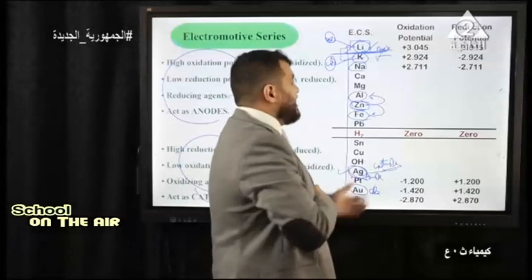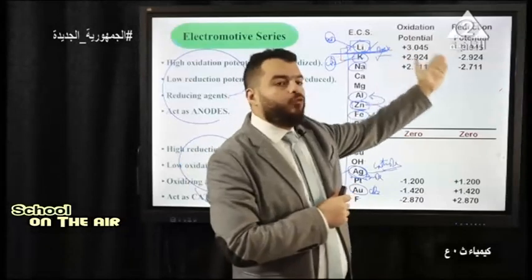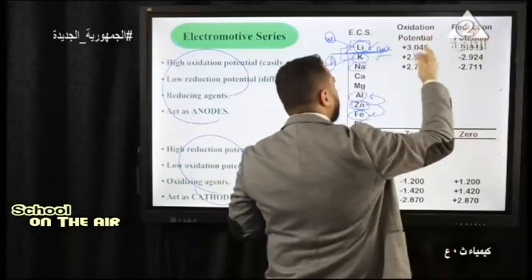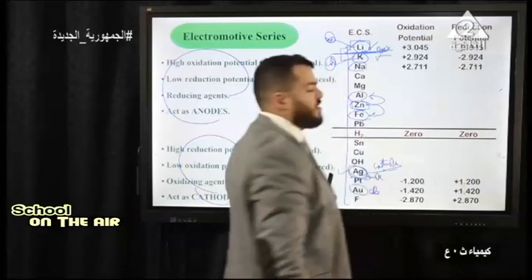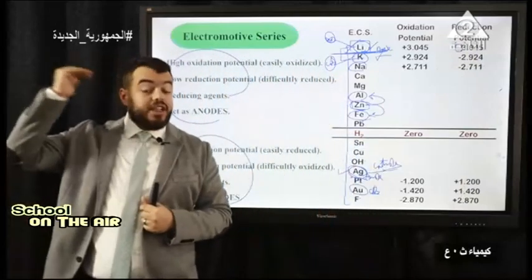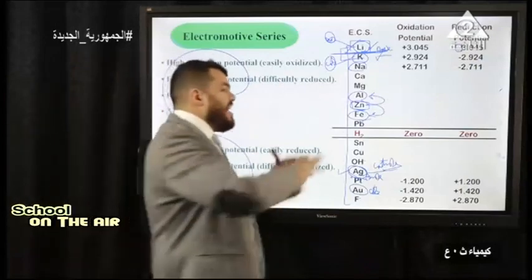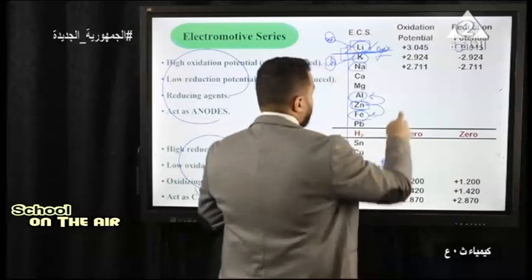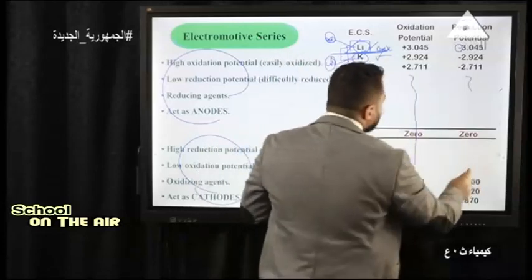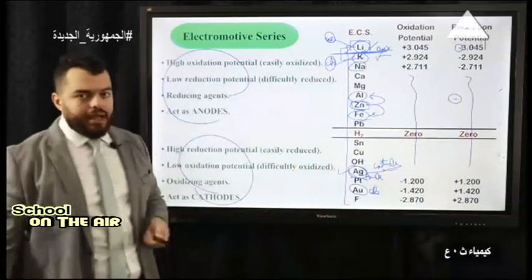Have you noticed that the oxidation potential of lithium is 3.045 and the reduction potential is the same number but with the opposite sign? So, as you are good at oxidation, you will be bad at reduction. So any element will have a value of oxidation potential and the same value as reduction potential but with the opposite sign.